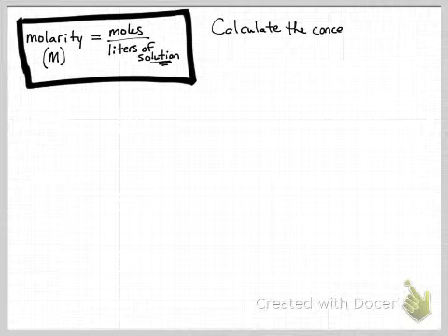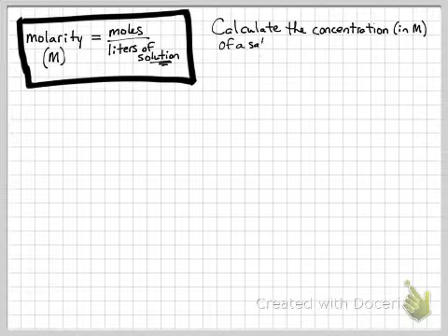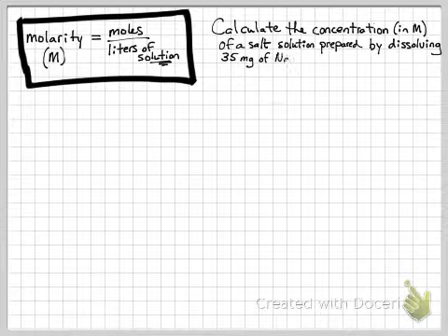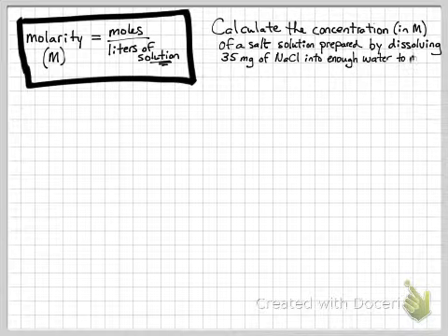So we're going to calculate the concentration in molarity of a salt solution. So calculate the concentration of a salt solution prepared by dissolving 35 milligrams of sodium chloride into enough water so that the total volume of the solution is 75 milliliters.